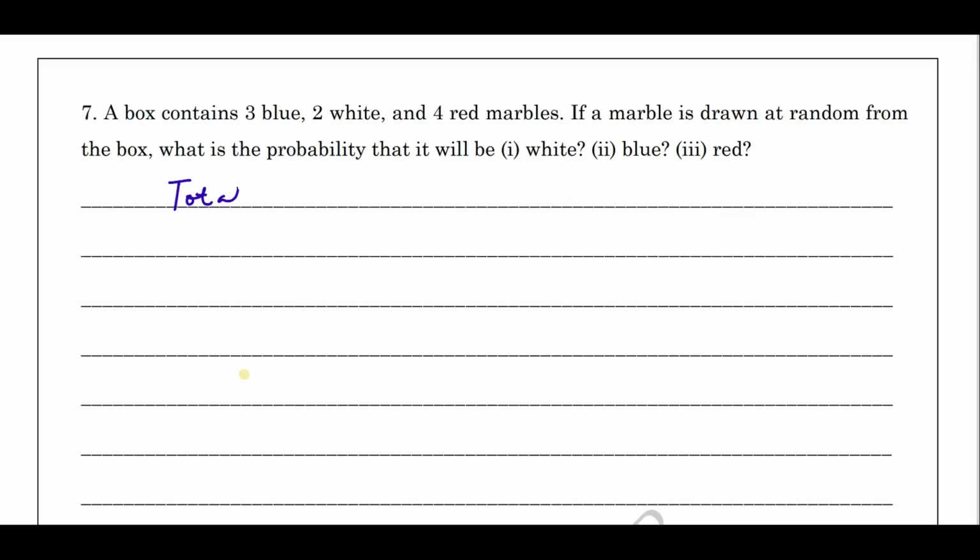Total number of marbles is 3 plus 2 plus 4. How much is it? 9, right? Therefore, N of S is 9. The total possible outcome is 9. Now, what is the first question? What is the probability that it is white?